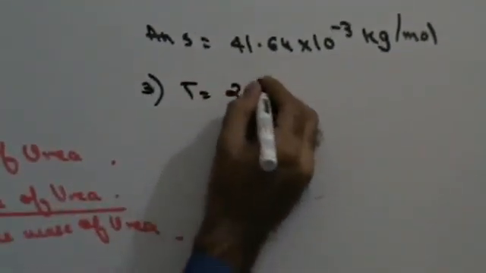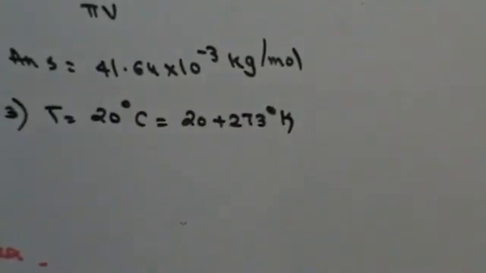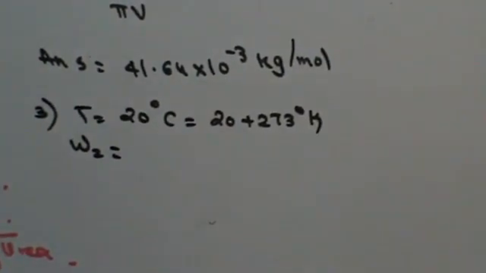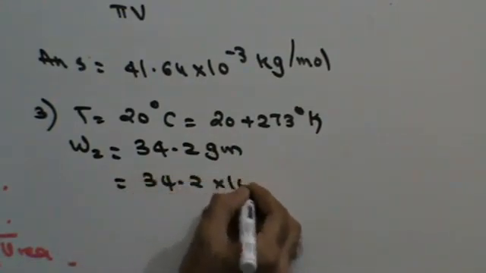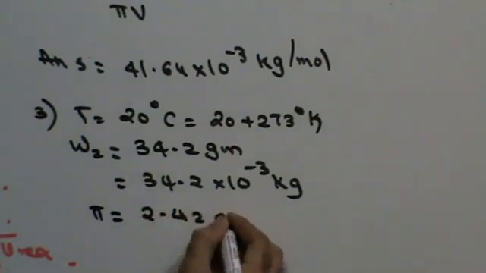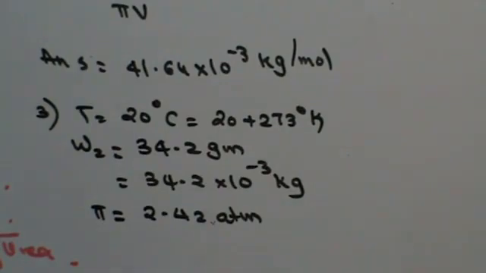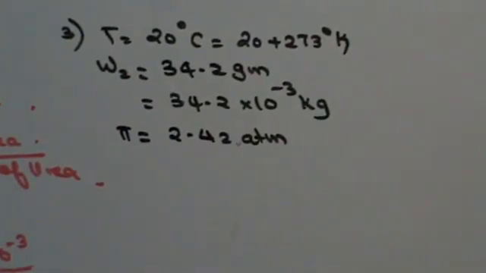At 20 degrees Celsius, a solution contains 34.2 grams of cane sugar and has an osmotic pressure of 2.42 atmosphere.